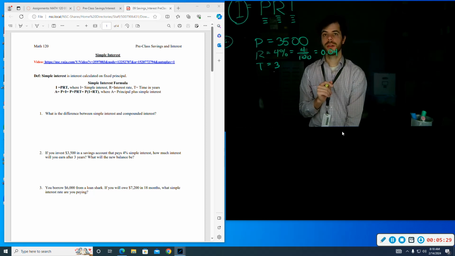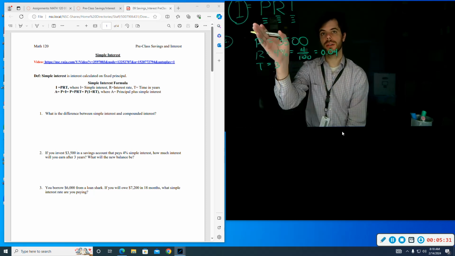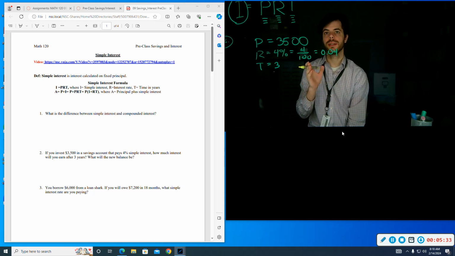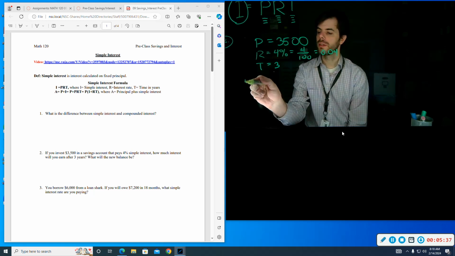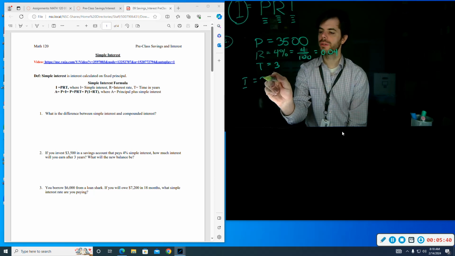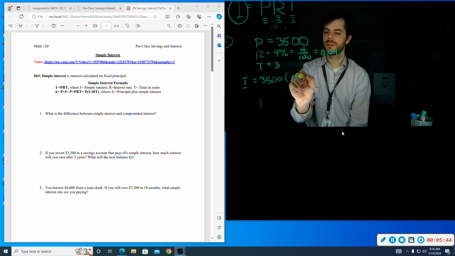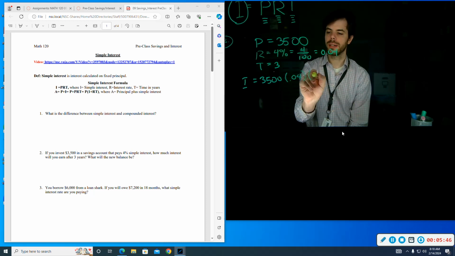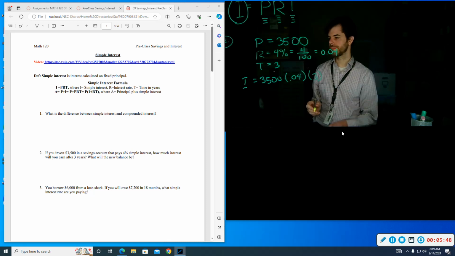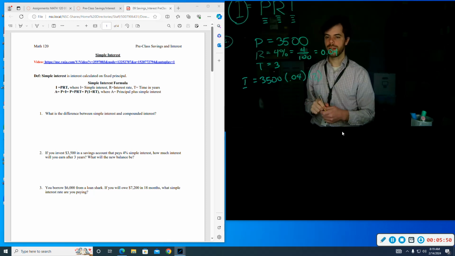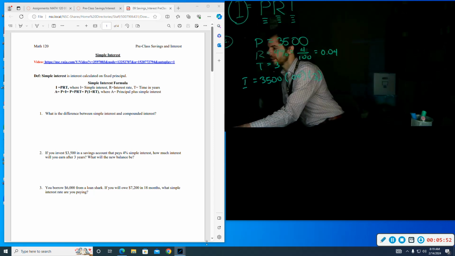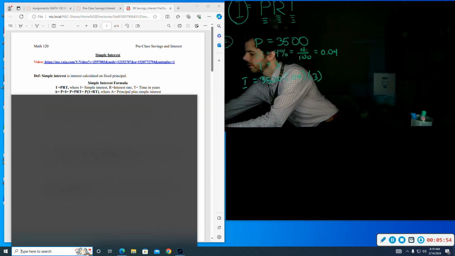Now we have everything we need to calculate I. Remember, I is the total interest, which is a dollar amount that you would earn. So I equals 3,500 multiplied by our rate, multiplied by time. Calculating that, let's pull up a calculator here.